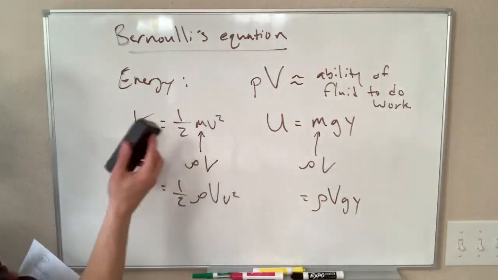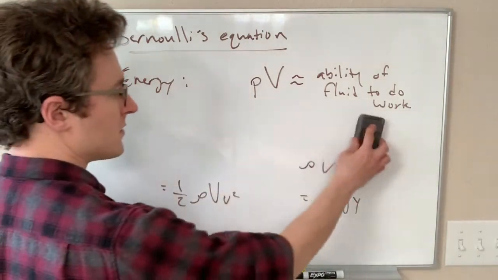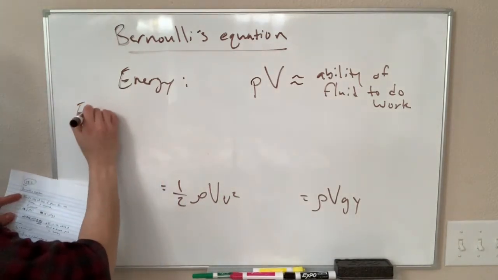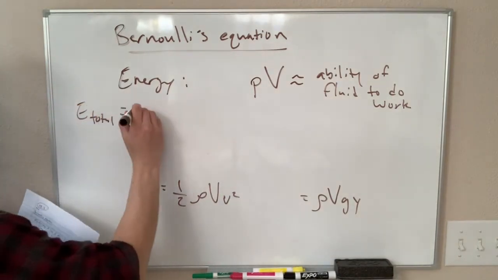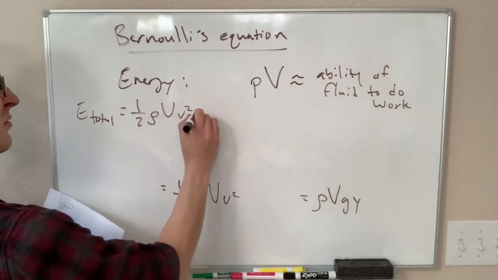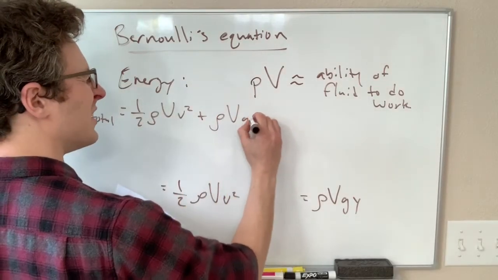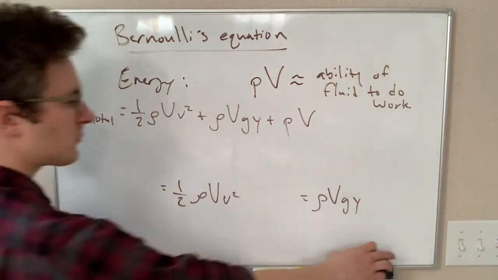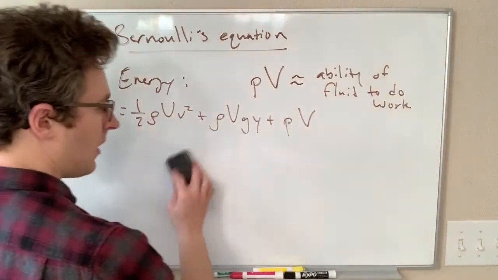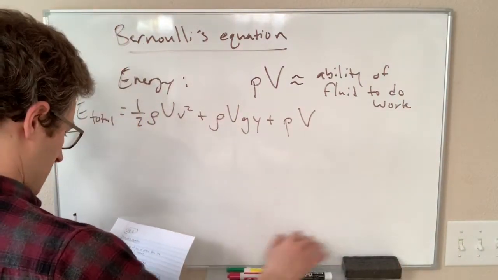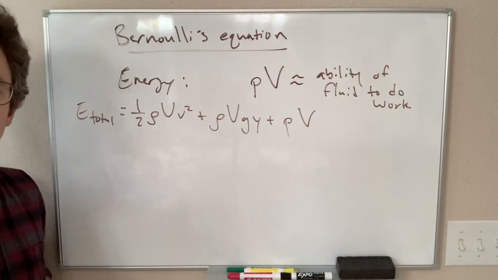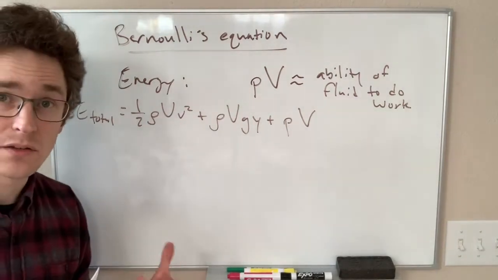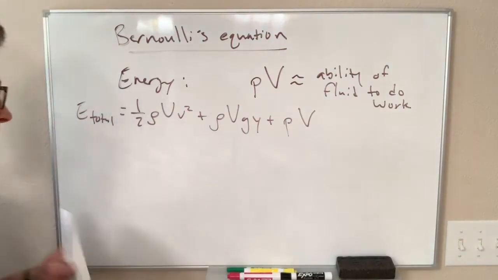So the total energy of our fluid is going to be these added together. That is 1/2 rho V v squared plus rho V gy plus P times V. For Bernoulli's equation, and for fluids in general, it is very convenient to talk about the energy density, that is the energy per volume.